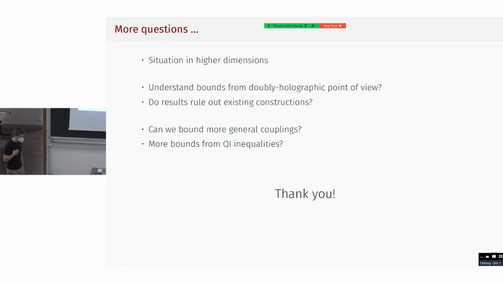Are there other inequalities we could use to maybe place stricter bounds? One example in particular for entanglement velocity is a bound shown by Mark Mezei a couple of years back about the early time behavior of entanglement entropy. Now, in this specific case, it doesn't seem to give any tighter restrictions, but it would be interesting to revisit this in the higher dimensional context where it might be more powerful.